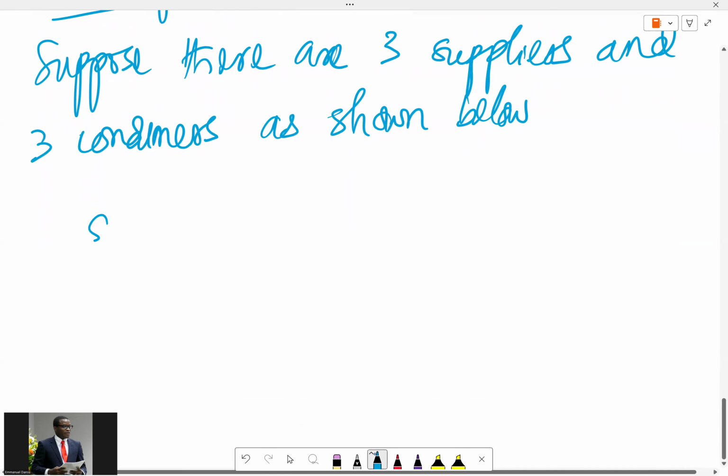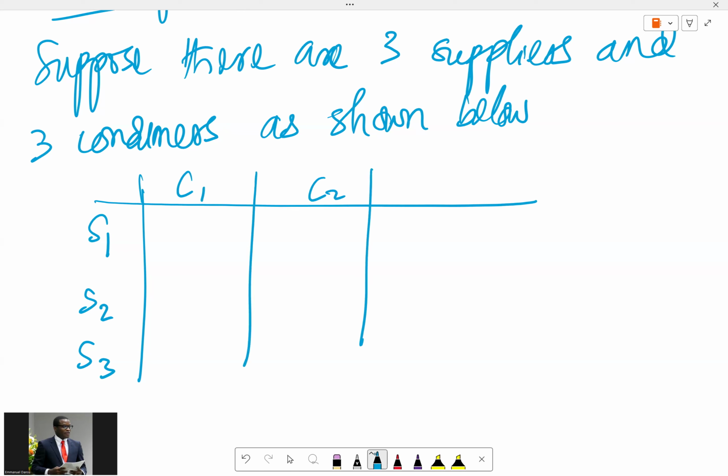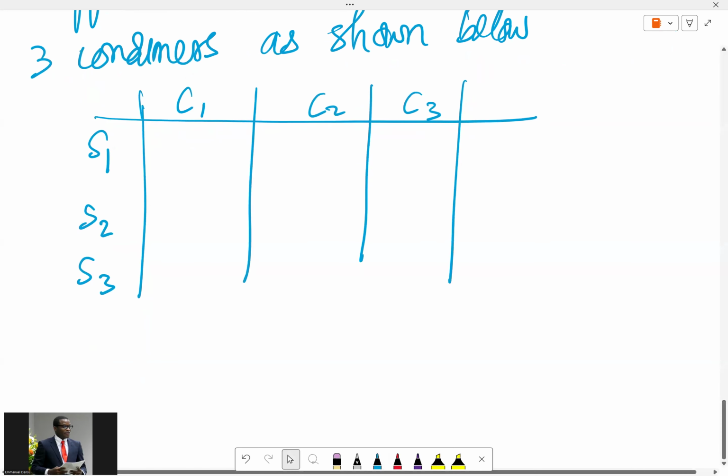Let me say this is supplier one, and then you have supplier two and supplier three, and also consumer one, consumer two, and consumer three.